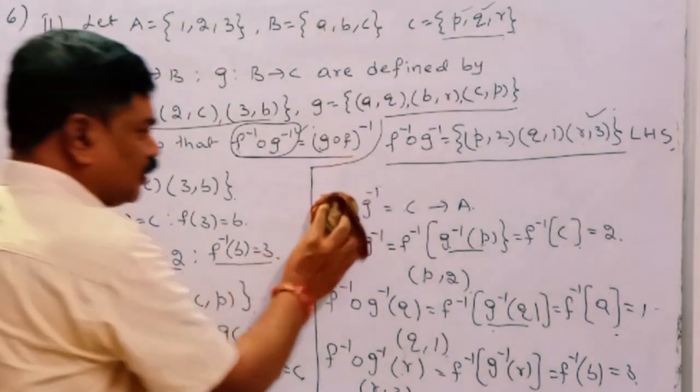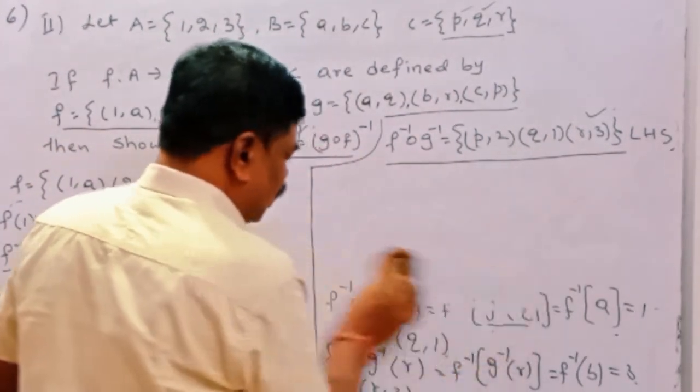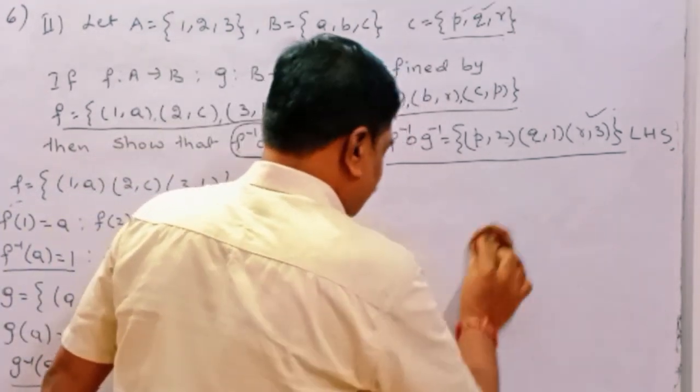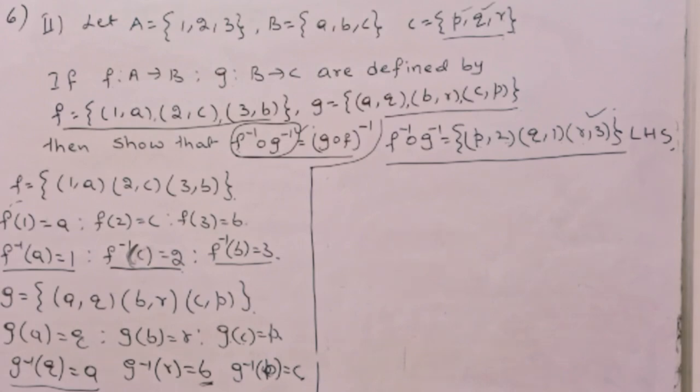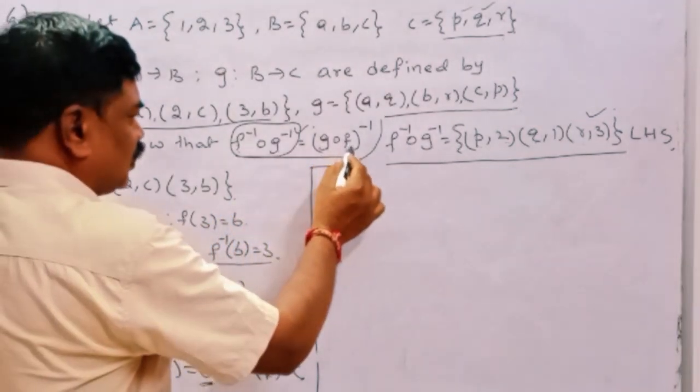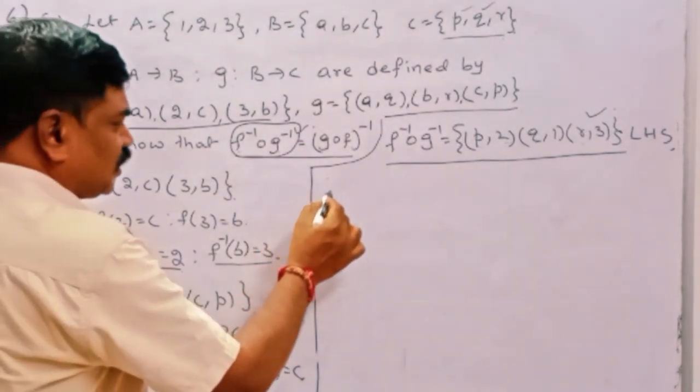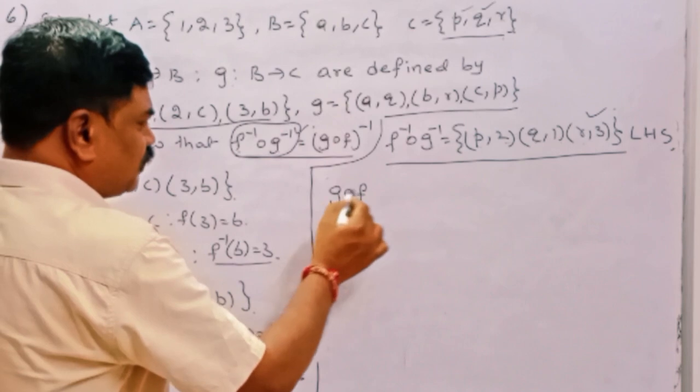Okay, all of you. Next you go for the RHS. What is the RHS here? The RHS is G circle F whole inverse.